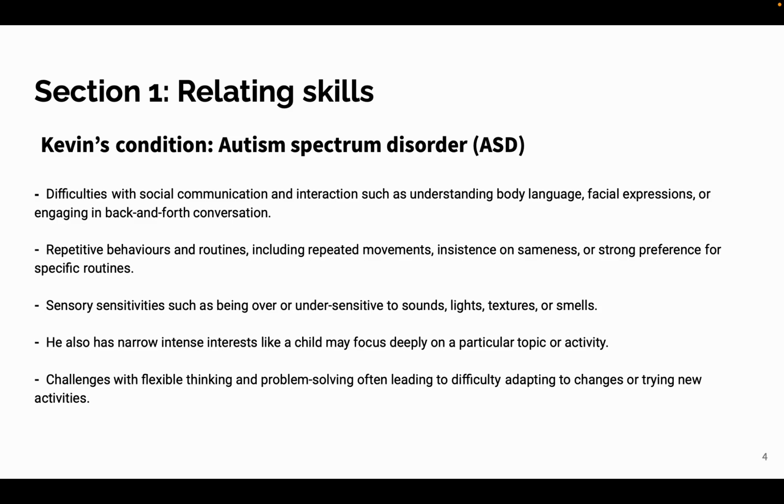He also has repetitive behaviours and routines, including repeated movements, insistence on sameness, or strong preference for specific routines. He also has sensory sensitivity, such as being over or under sensitive to sounds, lights, textures, or smells.